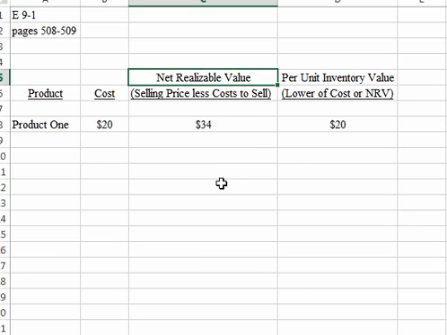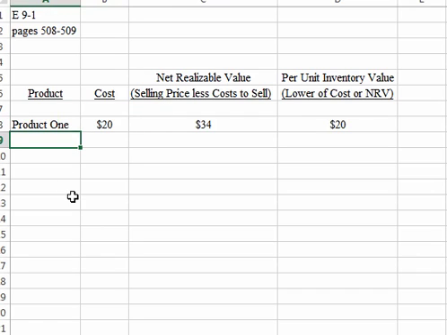Otherwise, we would be overstating its value, right? If we show it at cost and we know the price we could sell it for, less any expenses associated with it, would be less than cost, that's misleading to the readers, right? So if net realizable value drops below cost, we will report that inventory at its net realizable value.